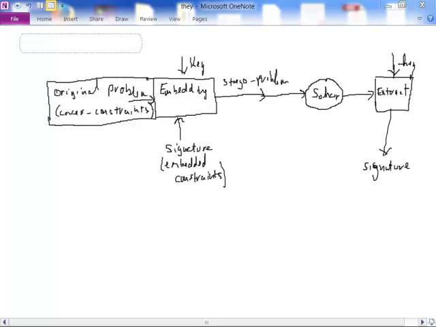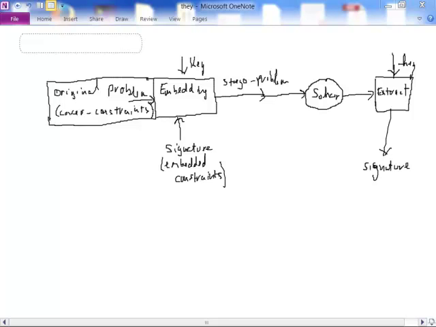Keep in mind that the stego solution is going to satisfy this additional set of constraints that we're calling the embedded constraints, which are the signature, and they're not necessary constraints to the actual design. So you can say that it's unnecessarily satisfying an additional set of constraints, and these constraints will look random if you don't have the signature and the key.